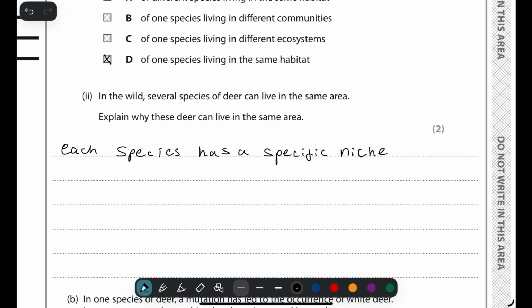And given that, that means that there's no competition. So if they each have a niche, that means there's no competition. And honestly, again, with this spec, they love an example. So no competition for what exactly? I'll just say for food. Even if you think that's a bit of a stretch, that's what you just need to focus on saying.